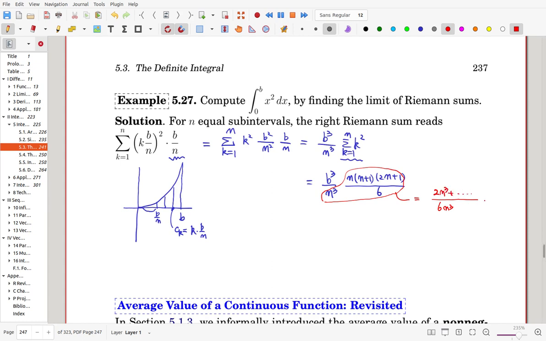As n goes to infinity, this term will approach 2 over 6, which is 1/3. So in the limit, we get b cubed times 1/3. So that's the final answer. Okay.